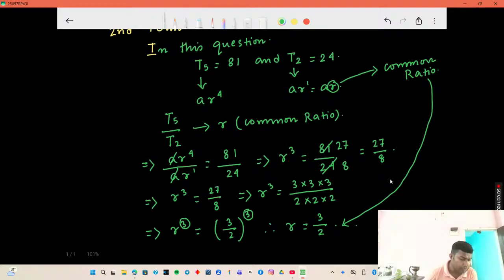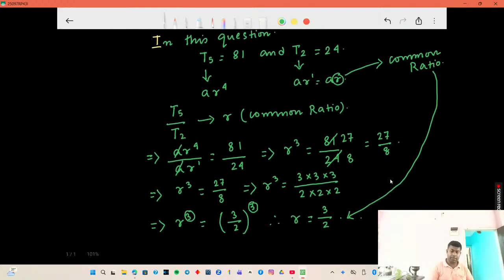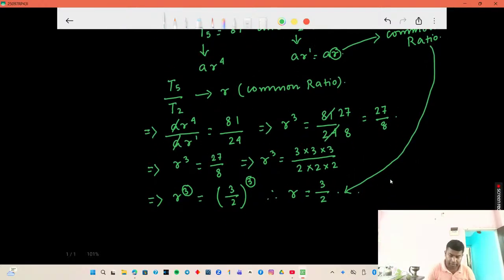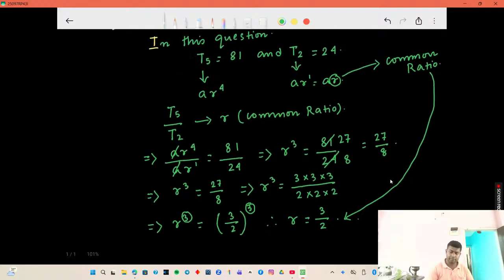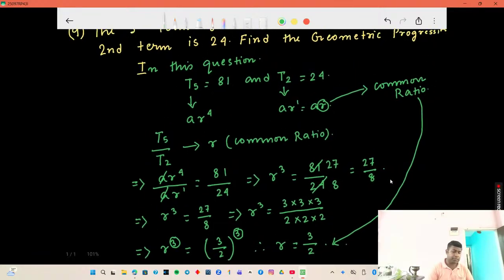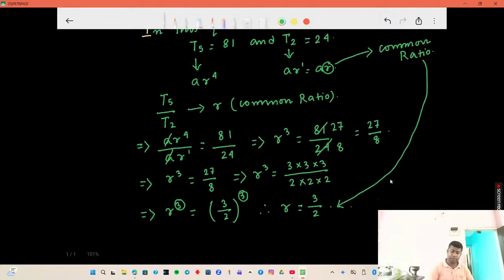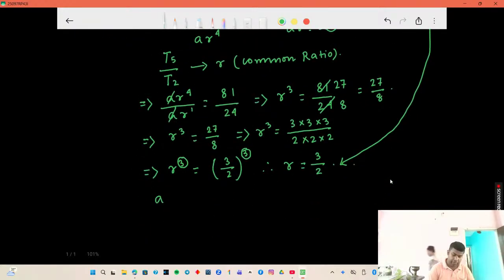Now what can we do? Here in this question it is given that the value of AR is 24. So AR is equal to 24.